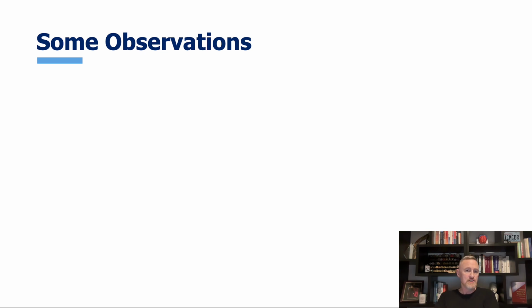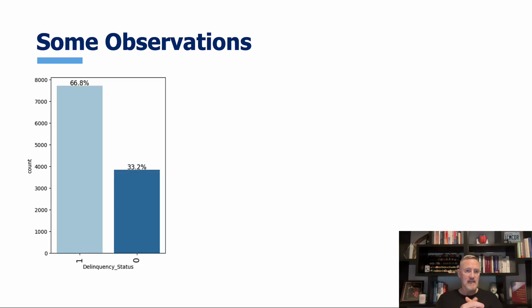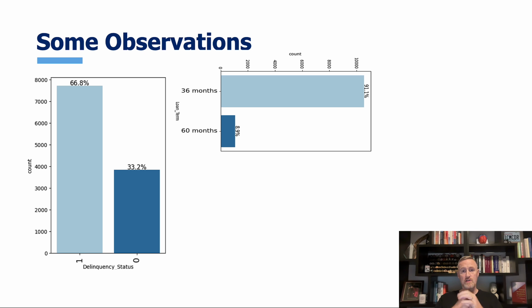So here are some observations. In the particular data set that I'm using here in this example, we can see that about 2/3 of the loans are good. The term of the loan is interesting. Most of the loans are 3-year loans. Most of the borrowers are male.